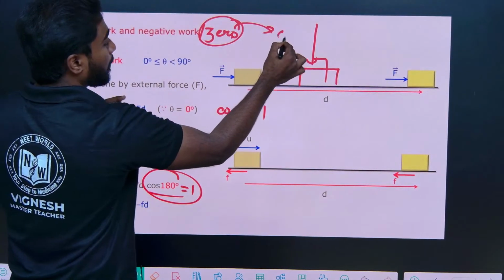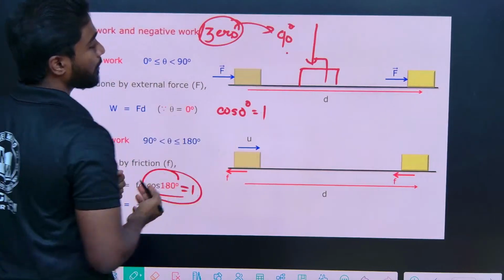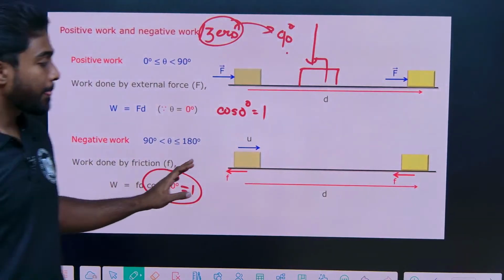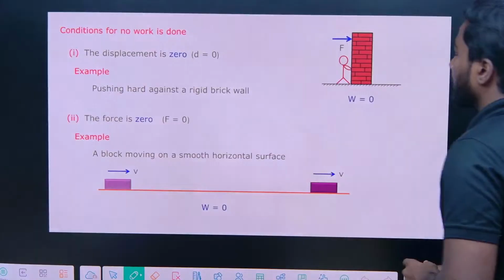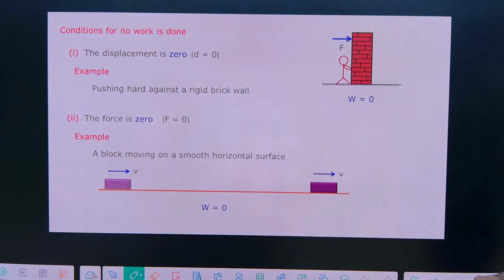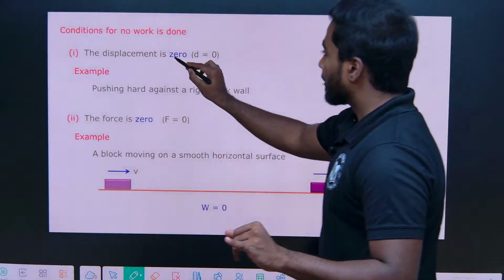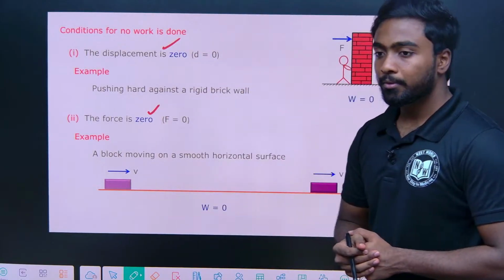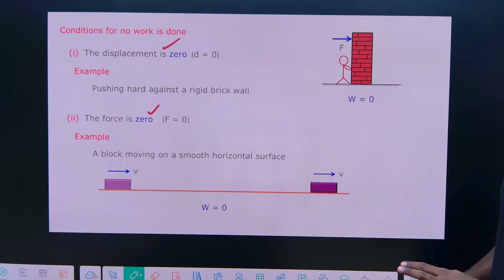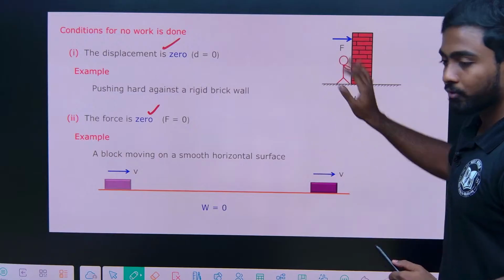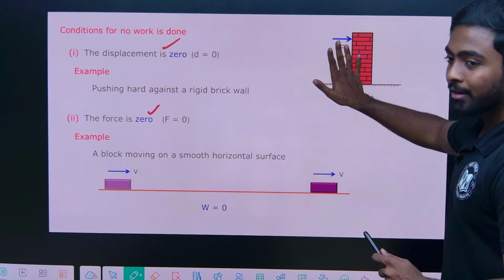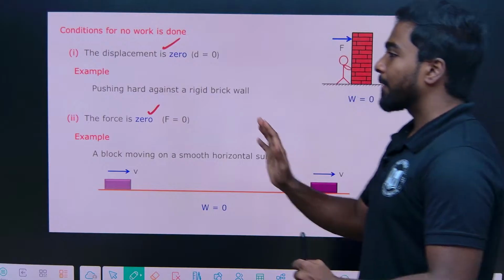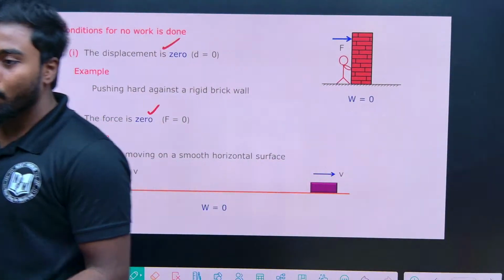So when the angle is 90 degrees, the work done will be 0. So the condition for no work done: displacement is 0 or else force should be 0. Displacement is 0 when I am applying a force. Is the wall moving? Like I am applying a force on the wall. Will the wall move?